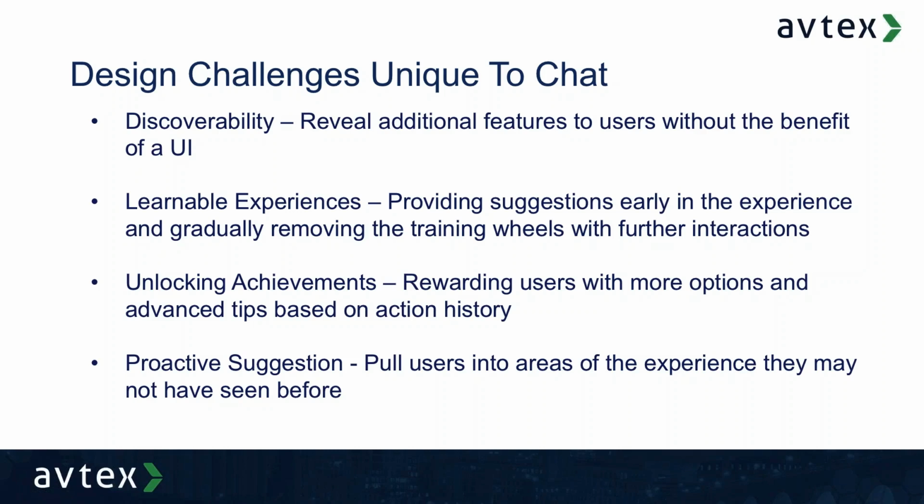Discoverability. We've talked about this a bit, but revealing additional features to users without the benefit of a UI can be extremely challenging. People have a preconceived idea already about what a chatbot can and cannot do. And if they're thinking about what is the status of my order, they may think, oh, I'll go to the chatbot and I will ask, or I will go to chat and I will ask.